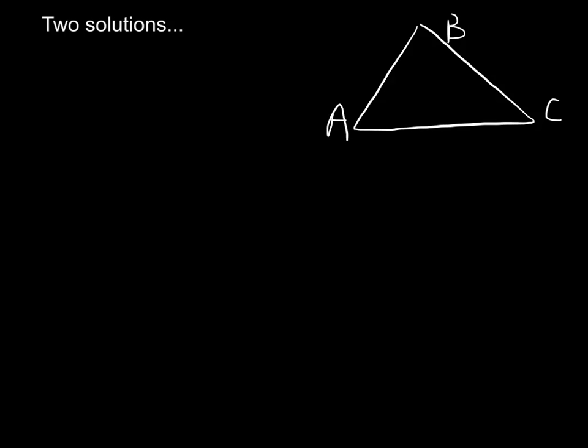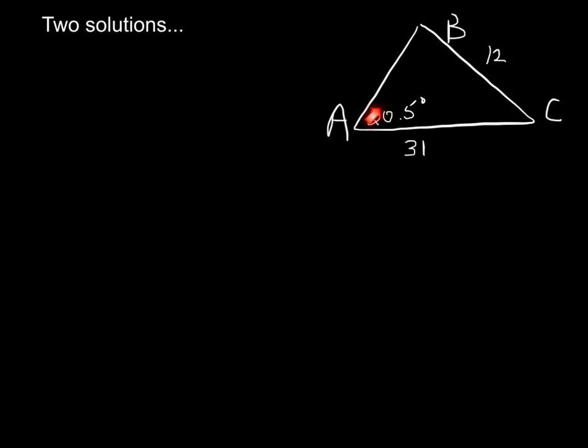Okay, we're going to skip over one solution and go to 2 solutions. And let's say that we're given that a is 12, b is 31, and A is 20.5 degrees. Again, we've got side, side, angle, so we are looking at the ambiguous case.